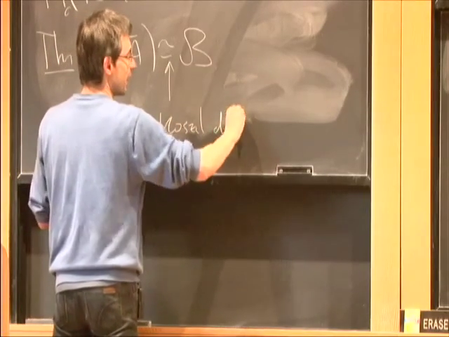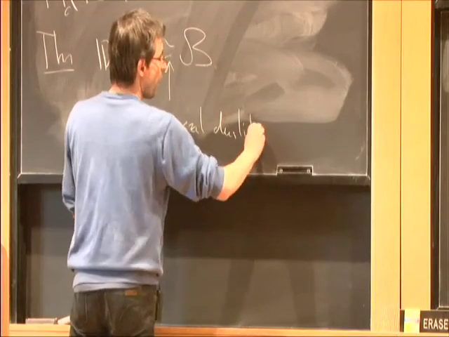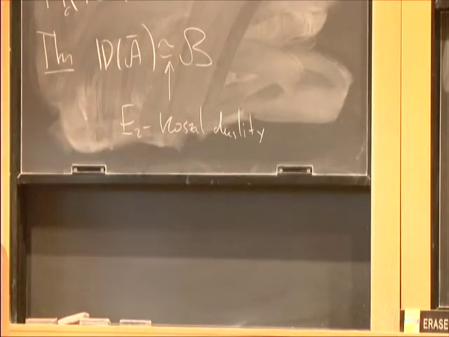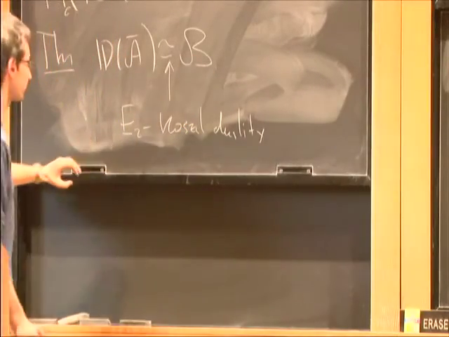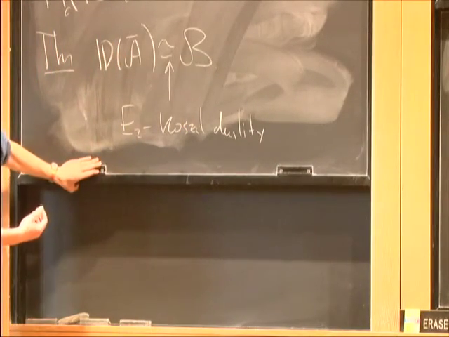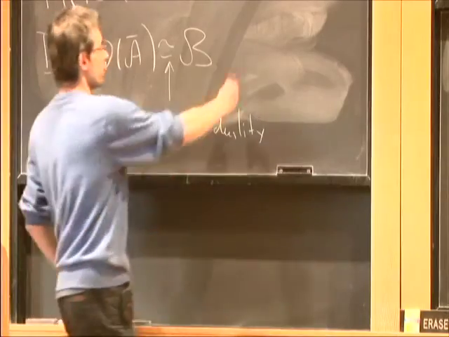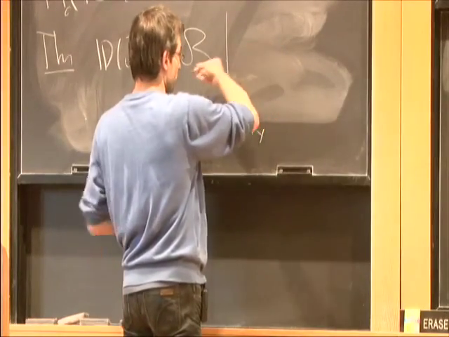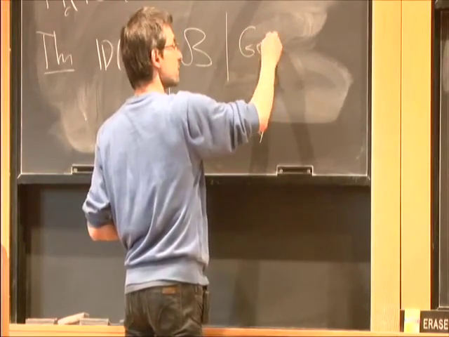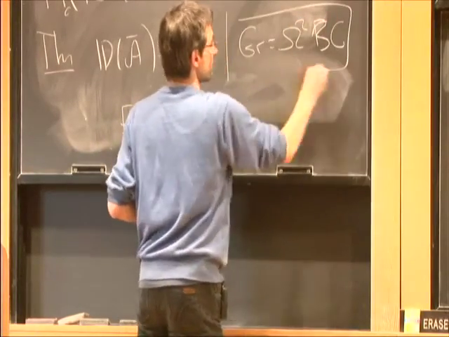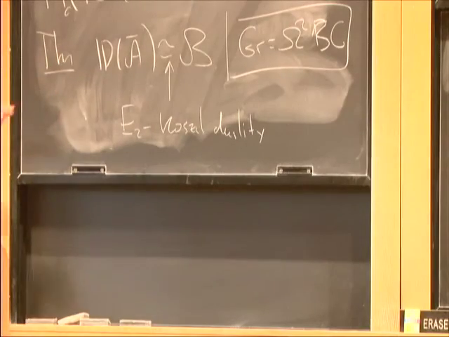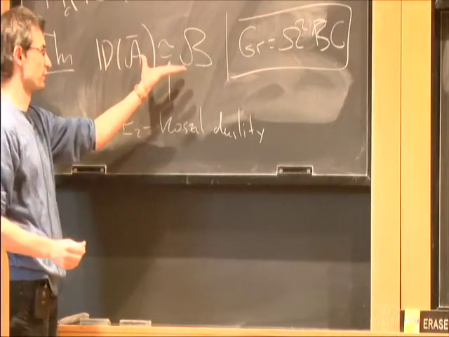It tells you how homology of the affine Grassmannian is related to the cohomology of the classifying space BG. In topology, the expression is that the affine Grassmannian is the double loop space of BG. But this situation is explicit enough that you can actually prove it within algebraic geometry.